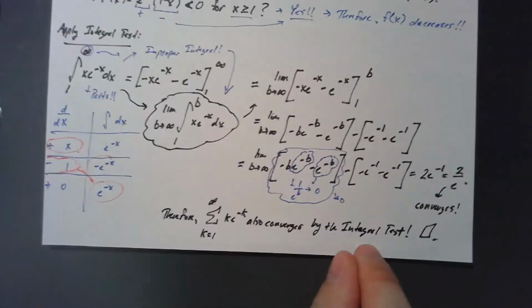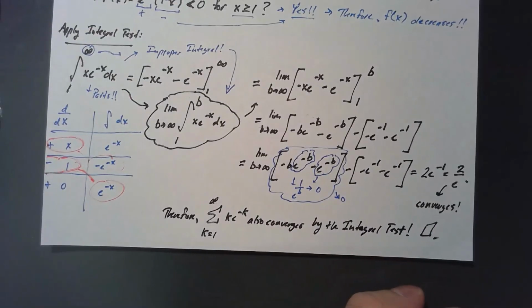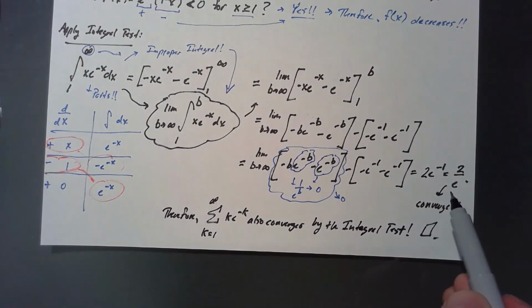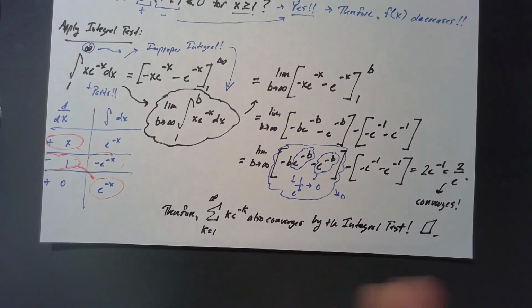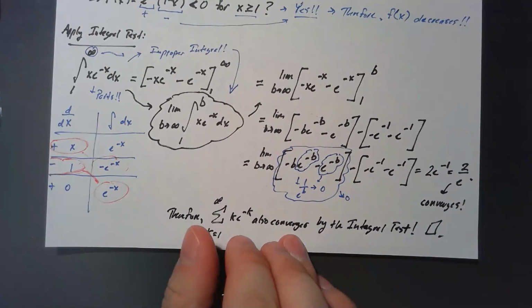That's it. So we successfully used the integral test. Since this integral converged, we could say that this series also converges by the integral test. And that's it. That's the integral test.